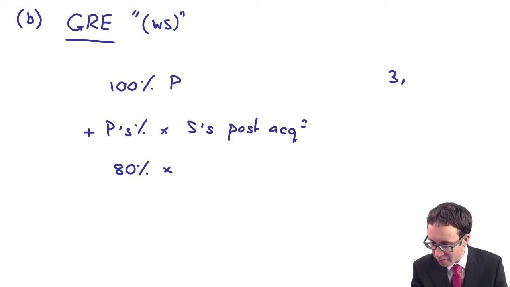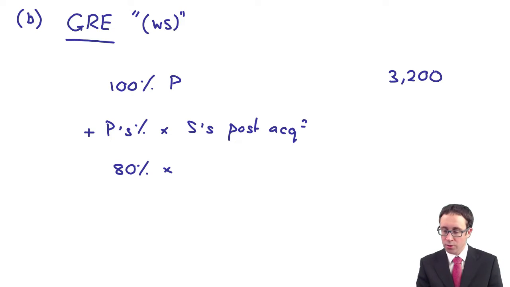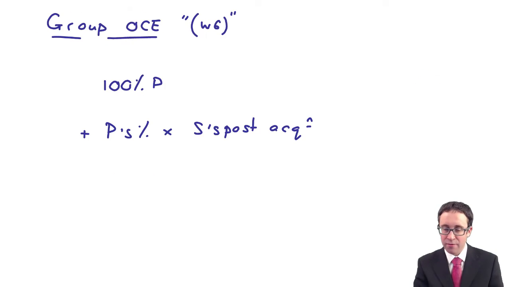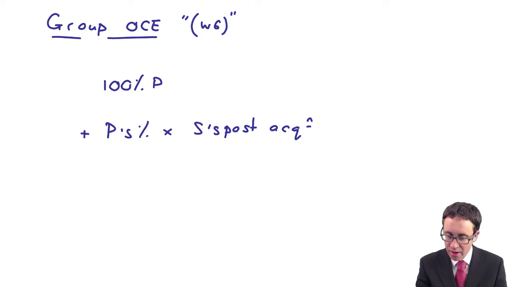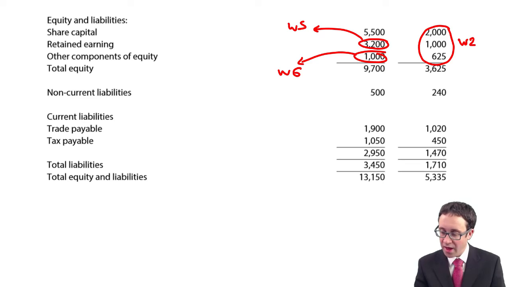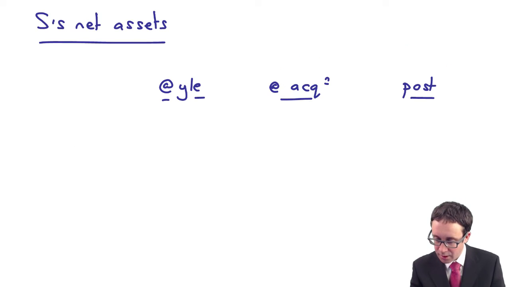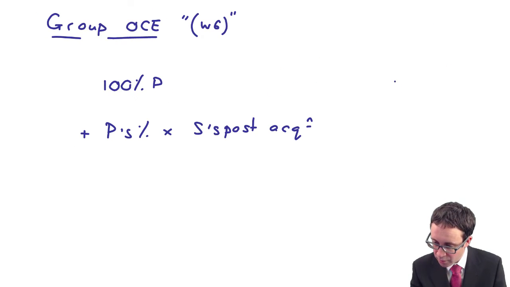So we can put that figure in there, 3,200. And then is it there for the group or the component of equity? 100% of the parent there is the 1,000. So, oh, careful, step too far.